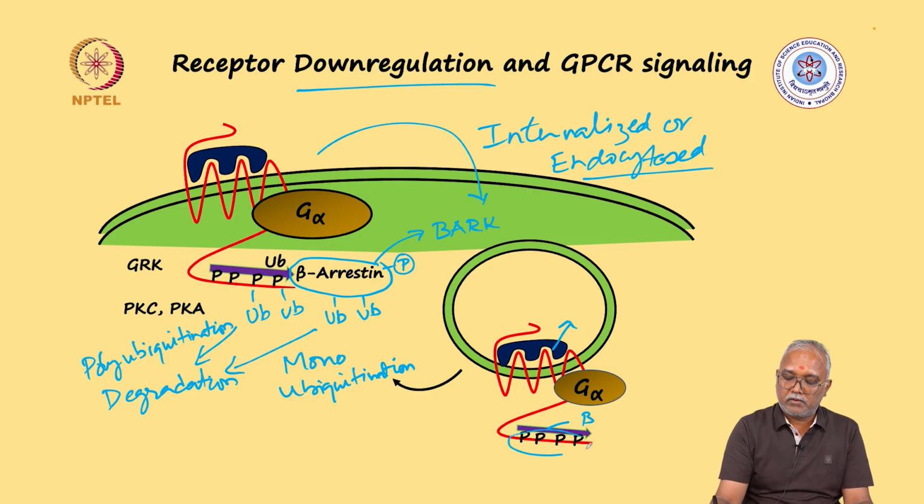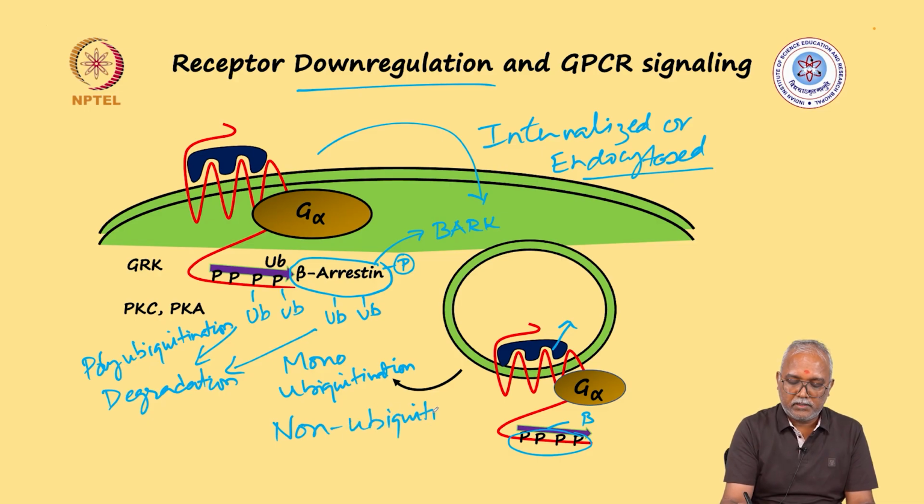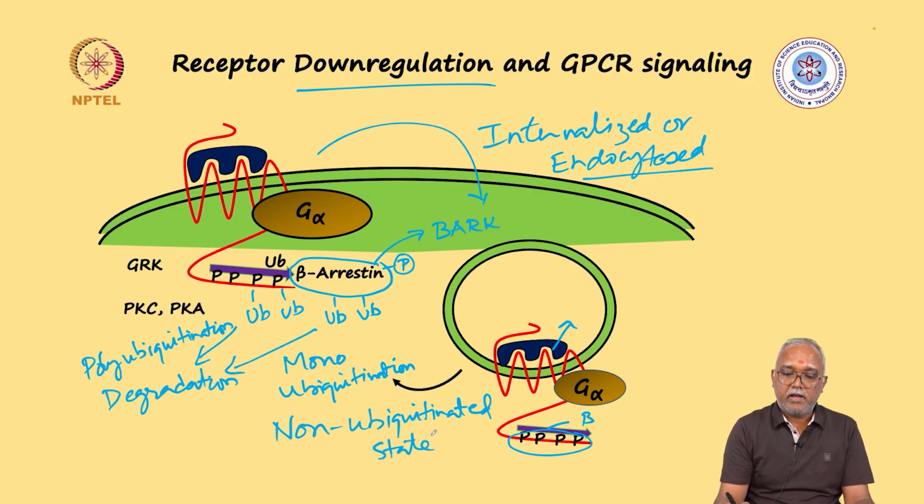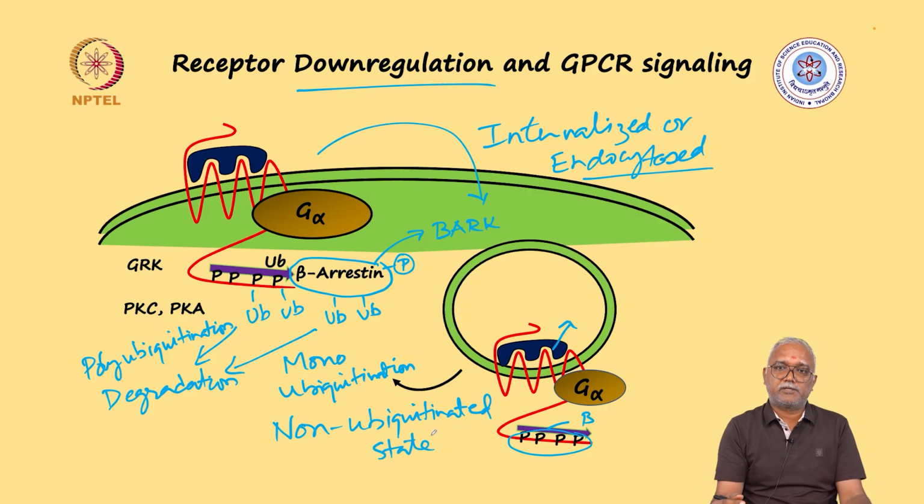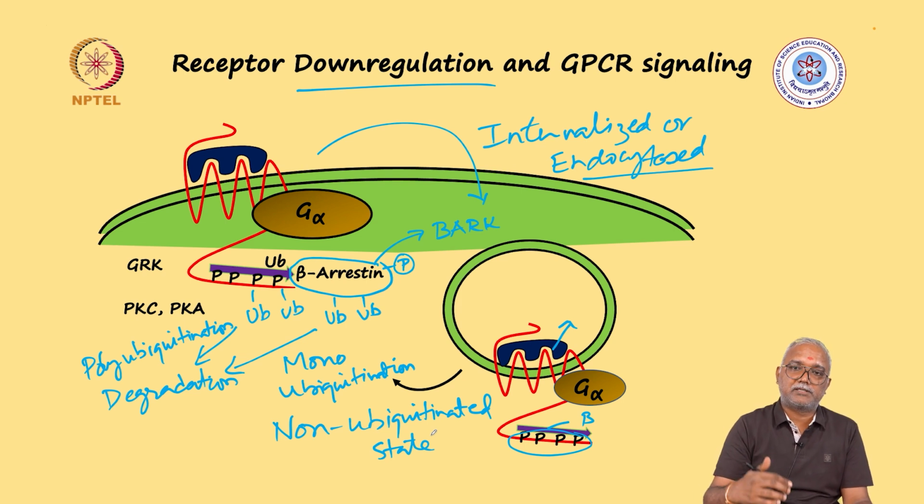This phospho tail is also removed by phosphatase activity and beta-arrestin comes back to a non-ubiquitinated state. So basically you have removed the receptor from the cell surface, and that is where it is called downregulation, in the sense that the number of receptors present on the surface is reduced. That's the downregulation of the receptor.